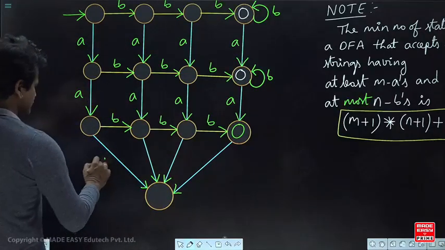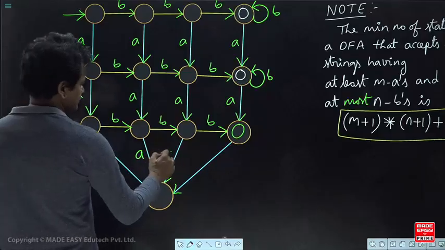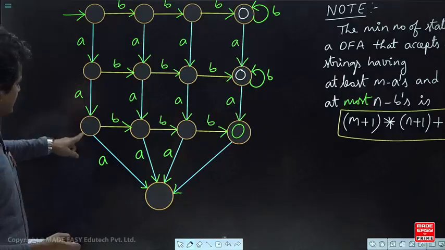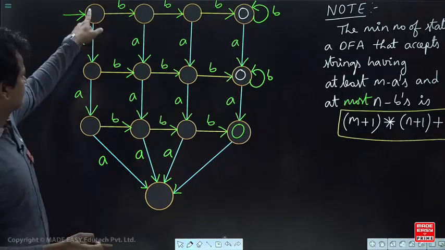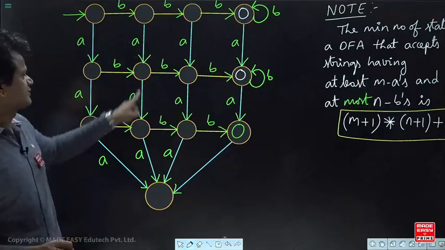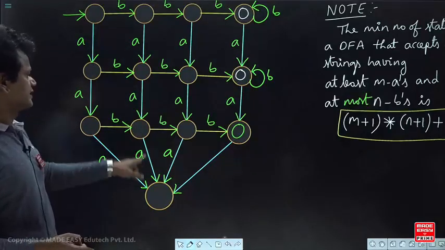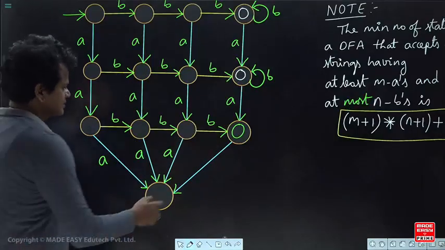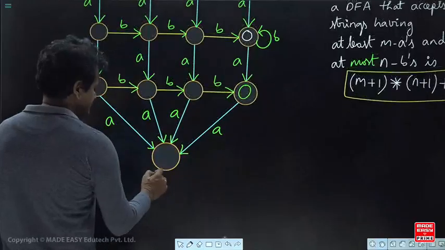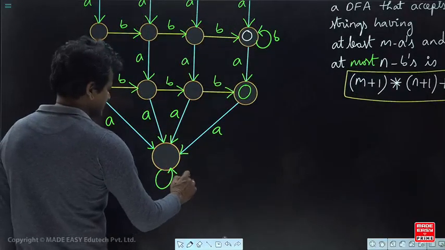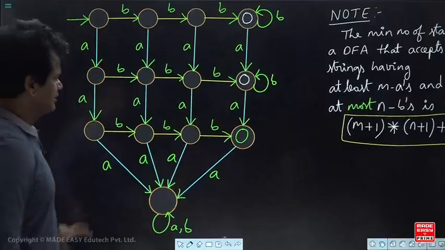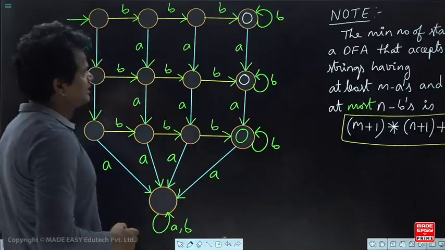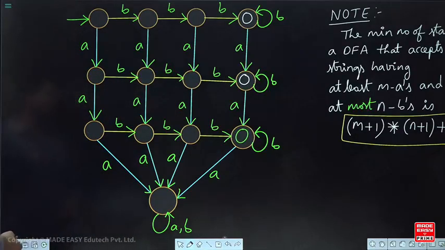If A's are more than 2, we go to trap state. In this direction we already have 1 A, 2 A's, and we can come to this state this way or this way. Anyway, we will already have 2 A's, and if one more A comes here, we will go to trap state, and the trap state must also be defined for A and B. And here any number of B's can come. B's minimum 3, smallest string is triple B, and maximum A's are 2.